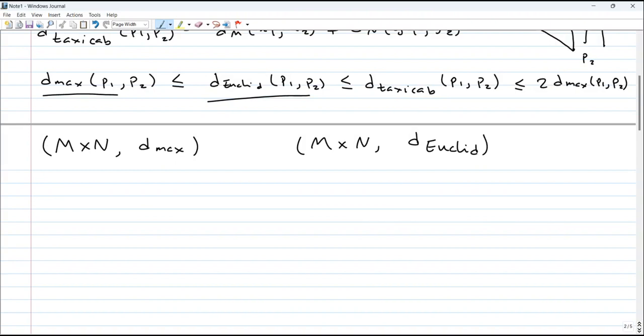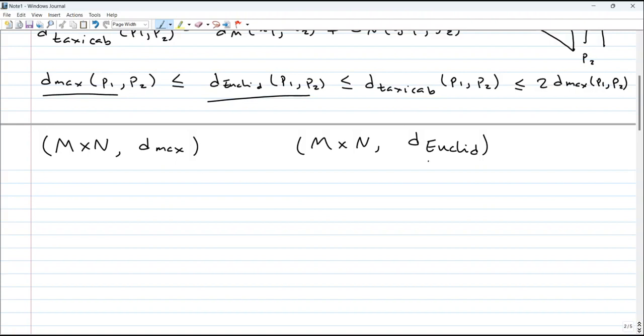When we say things are the same, we need to define what it means for things to be the same. And whenever we do topology or metric spaces, we care up to homeomorphism. So any 2 spaces that are homeomorphic to each other are the same.